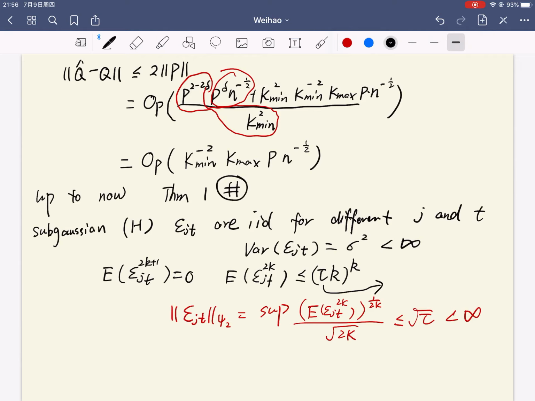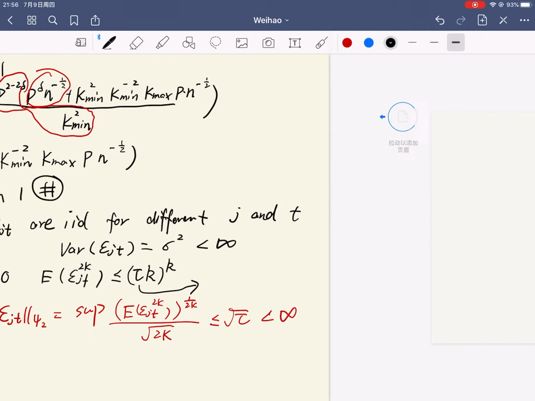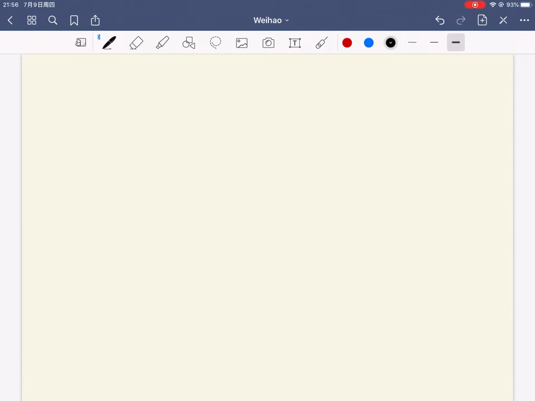Under this extra assumption H, we see theorem 2.